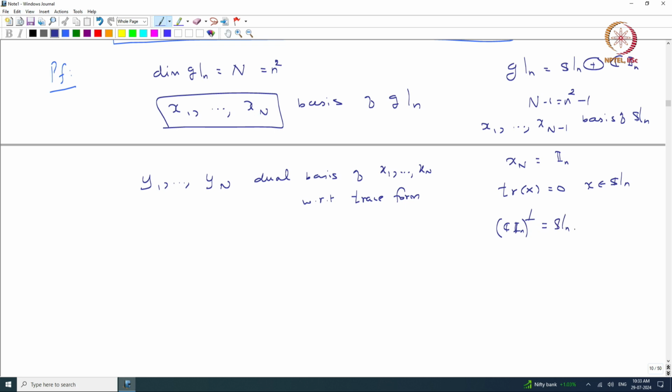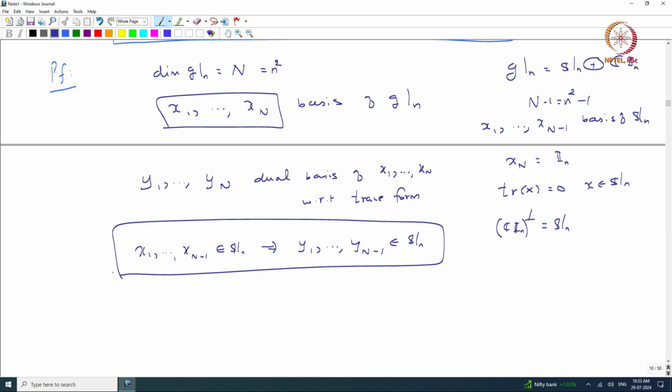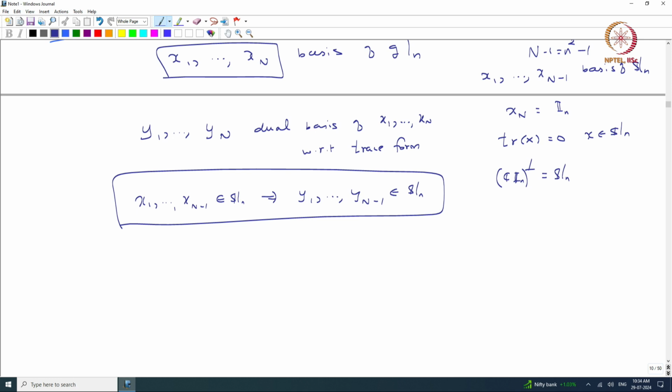Because of that, since x1 etc. xN minus 1 come from SLN, that will imply that y1 etc. yN minus 1 also come from SLN. Because SLN and this one dimensional center are orthogonal to each other, now if we calculate, you can easily see what yN should be.